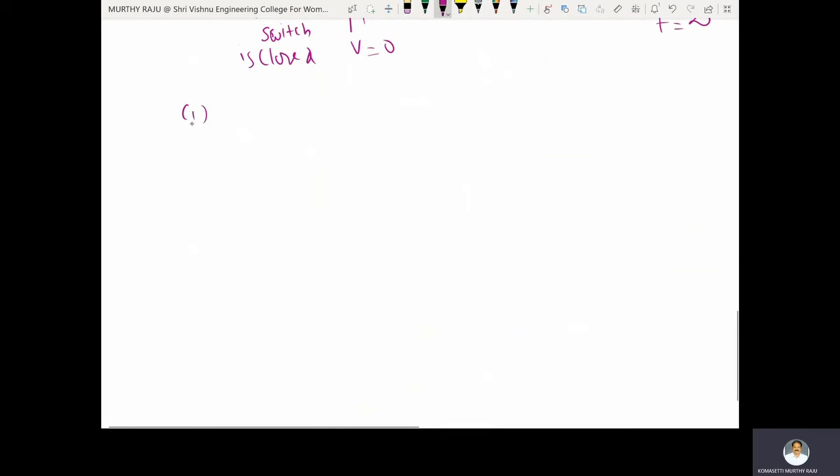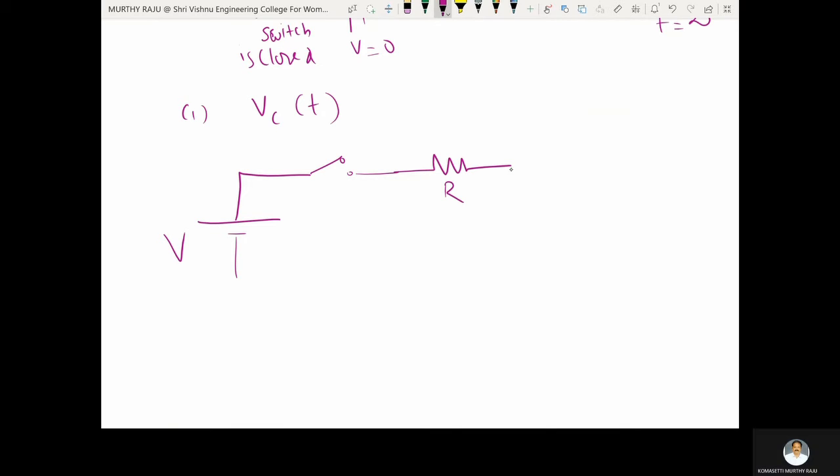Now I will concentrate on the derivation. The capacitor charging derivation is represented by Vc, a function of time, that is Vc of t. Consider this circuit. This is V volts. Here a switch is there, a resistance R, and a capacitor C. This is the switch, V volts.